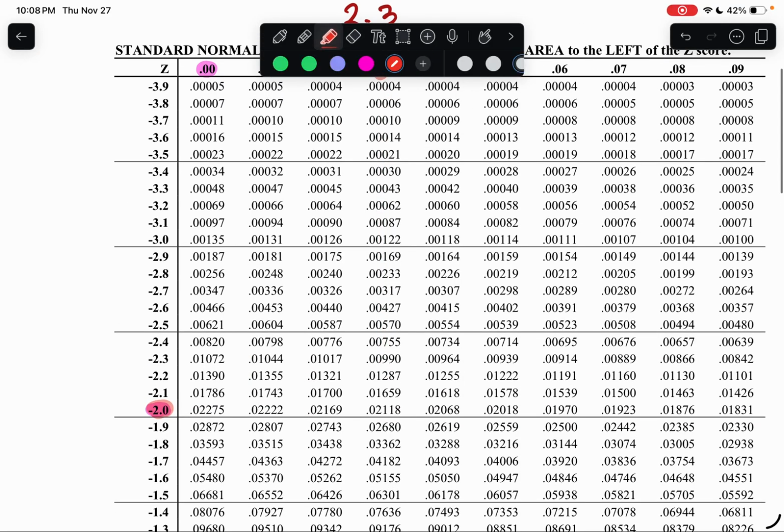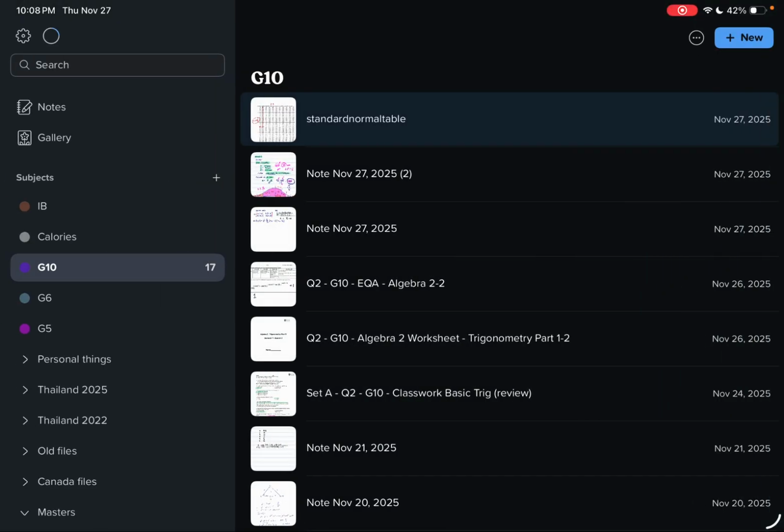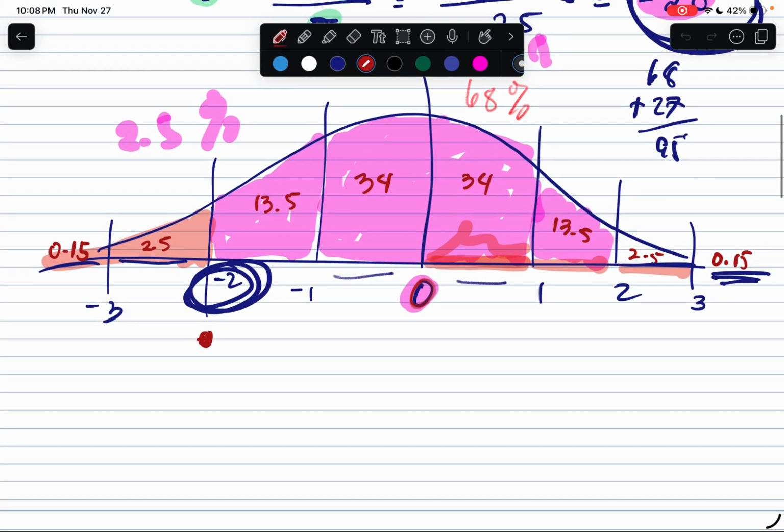So from here, so 2 and 2, the answer is 2.28%.